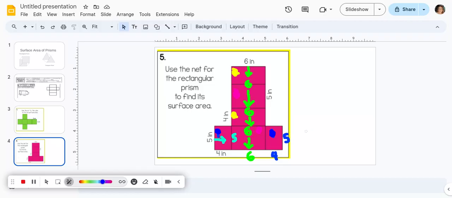Okay. So I know that the blue dots, those shapes are going to be the same size. The yellow dots are going to be the same, and the pink dots. So in total, I have 1, 2, 3, 4, 5, 6 shapes. So I still need to have 6 numbers over here on the side, because there are going to be 6 things that I have to add up together at the end.